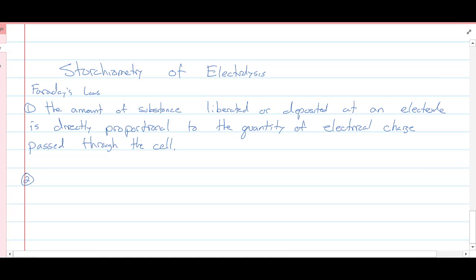So there's a direct proportion to how much charge to how much mass, or how many moles.